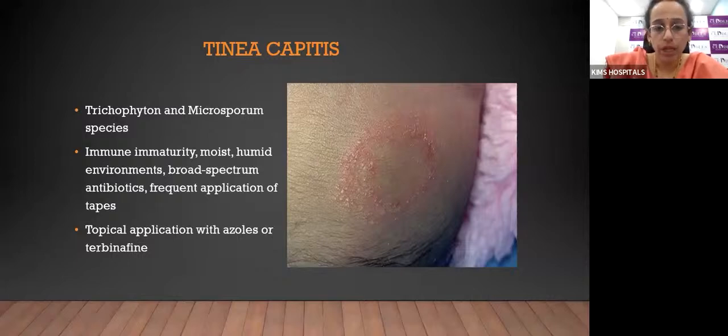If the baby is subjected to broad spectrum antibiotics and frequent application of tapes, this can also be seen in NICU babies. Otherwise, in NICU babies, this is a less frequent condition. Only babies who are subjected to broad spectrum antibiotics, we can see tinea capitis and corporis. This can be due to infection with Trichophyton and Microsporum species, and can be treated with topical application of azoles or terbinafine cream.